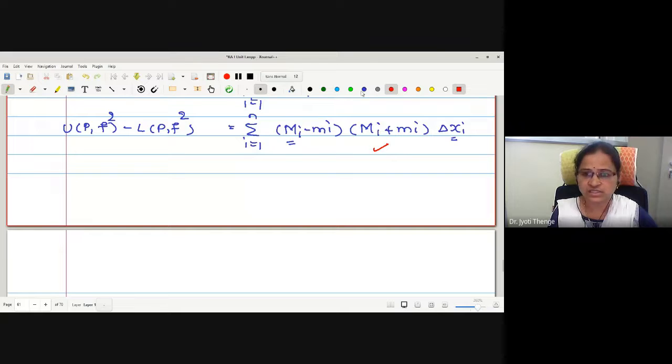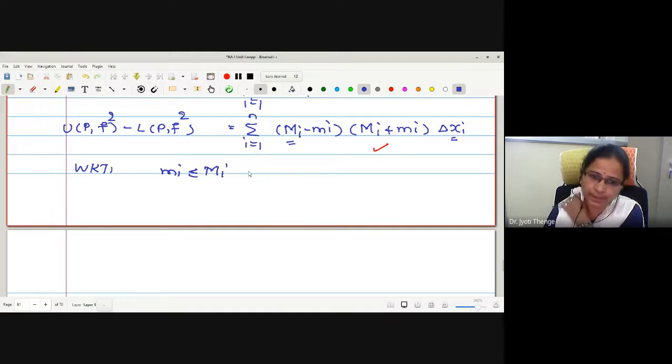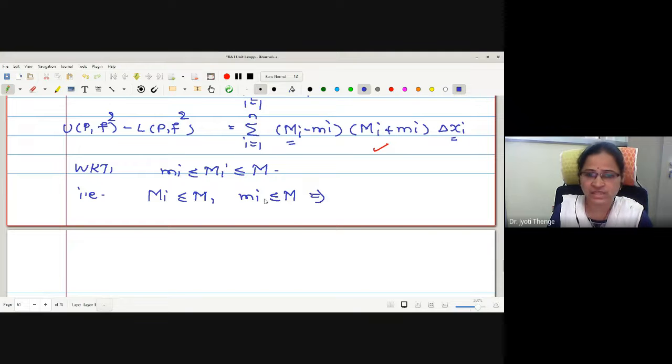To adjust this term, capital Mi and small mi are actually the bounds of the given function mod f in the ith subinterval. Then what is the relation with capital M? We know that small mi is less than or equal to capital Mi, but capital Mi is less than or equal to capital M. That is, small mi, capital Mi are less than or equal to M, and small mi is also less than or equal to capital M. Let me just add these two.